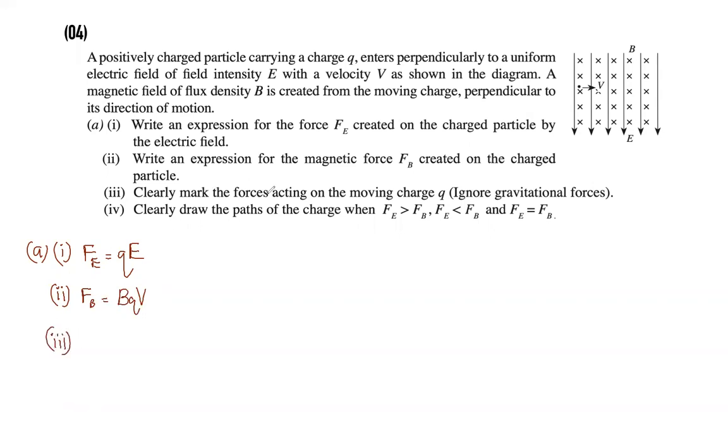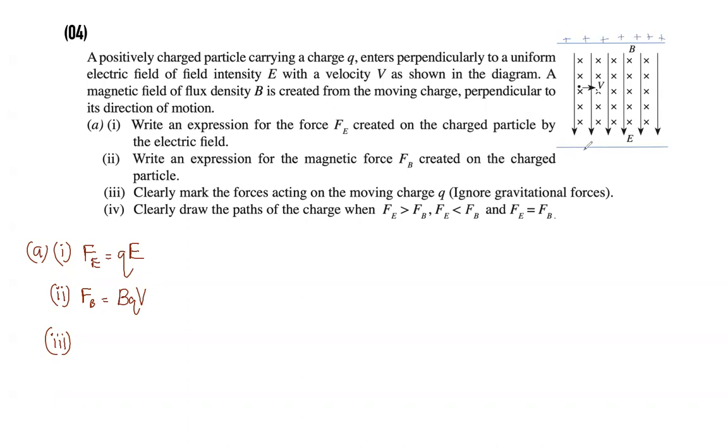Roman 3, clearly mark the forces acting on the moving charge Q. Directions are important. Whenever they have given you an electric field, we need to know where the positive and negative plates are.